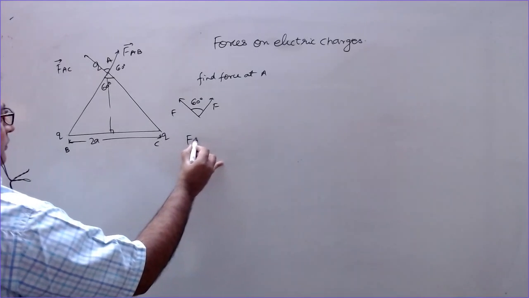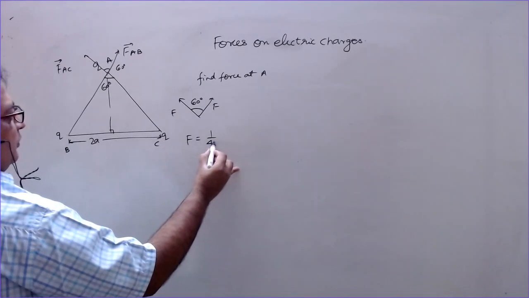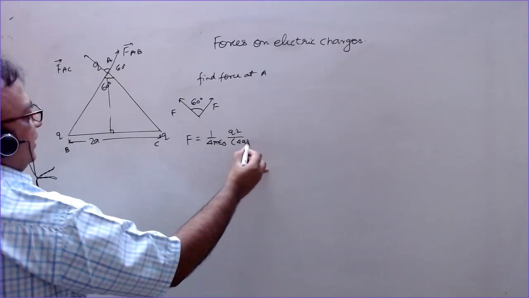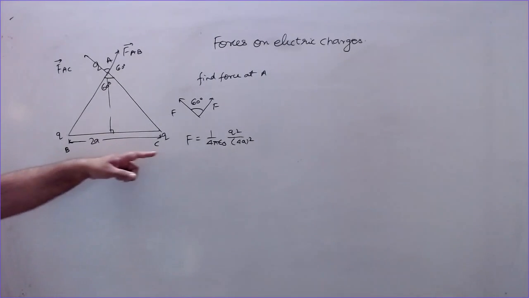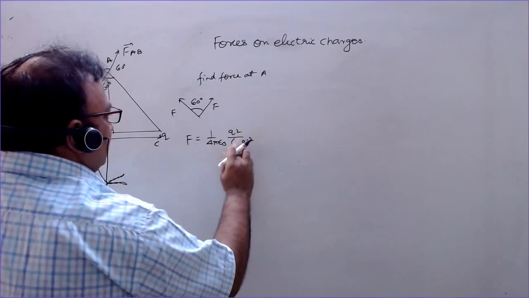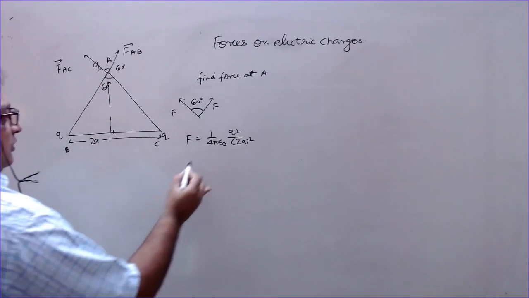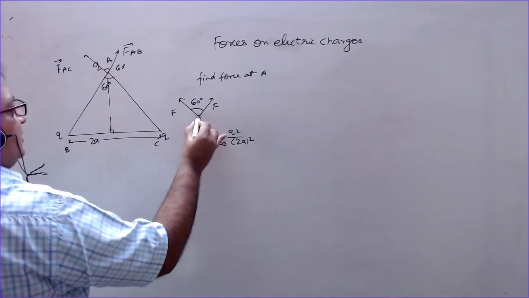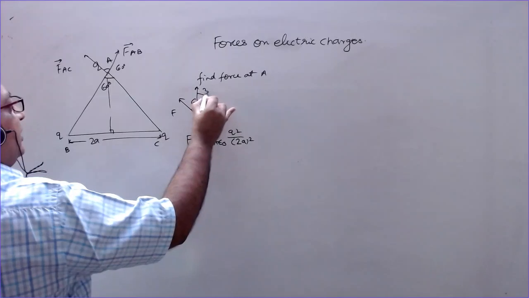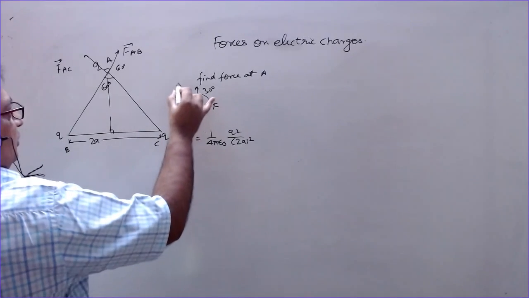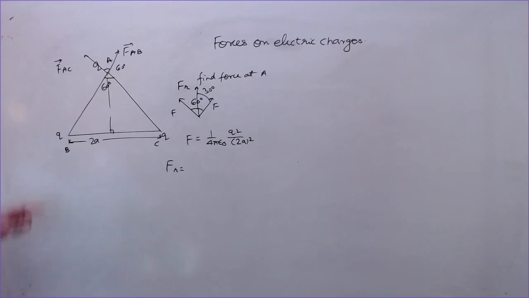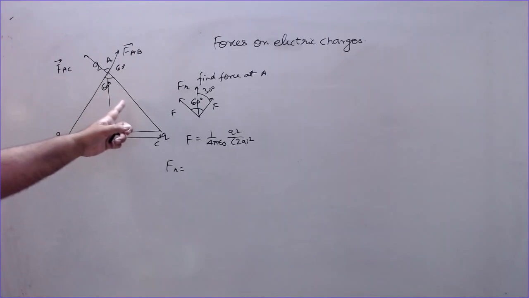So F is equal to 1 upon 4 pi epsilon 0 q square by square of 2a square, sorry, 4a square, and the resultant force will be in this direction, making an angle 30 degree with this. So Fr is the resultant force. You can see only two charges are applying force on this: repulsion, along this, along this.